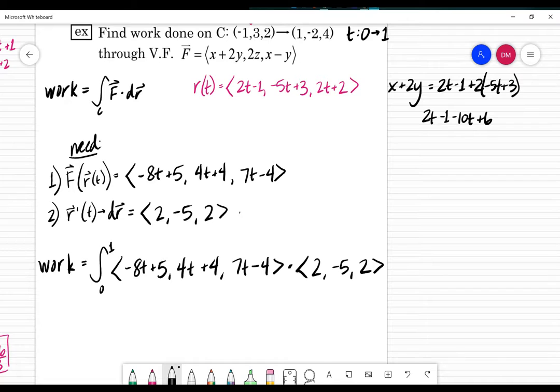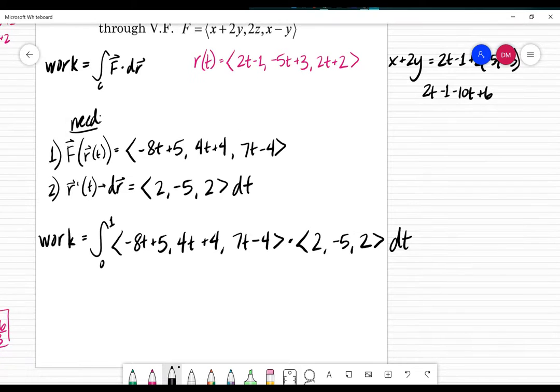And when we did that, we took the derivative with respect to t, so that is dt, so we'll tack that on here to our integrand. And when we take the dot product, it looks like we are integrating negative 22t minus 18 is what I got when I simplified. Okay.